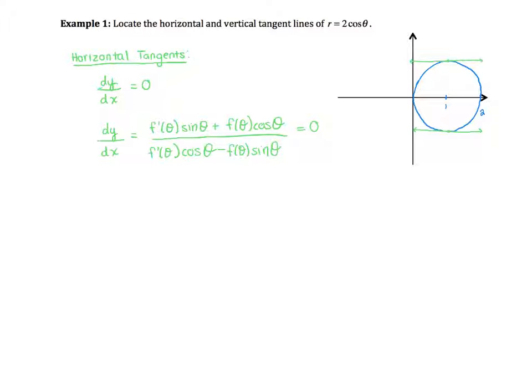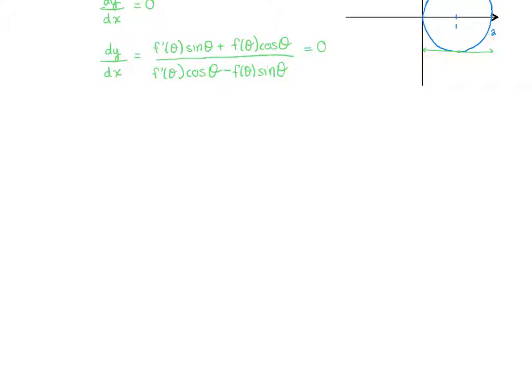Okay, so at the end of the day, from here we go to f prime of theta sine theta plus f of theta cosine theta should be equal to 0.